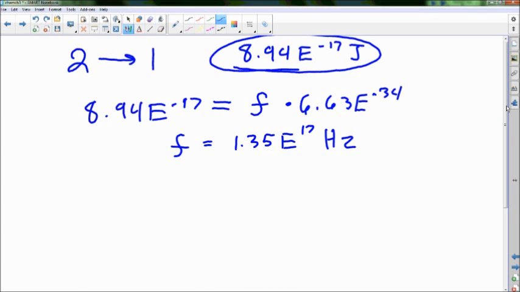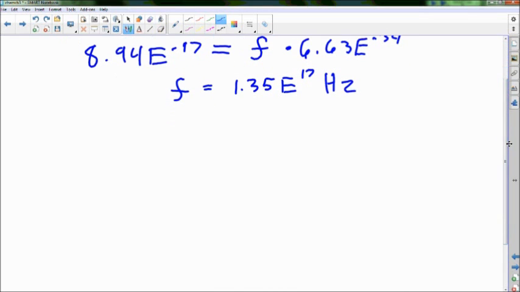Now, what we want to do is relate this to an actual wave. So we can then take our other light equation, where the speed of light is equal to the wavelength times the frequency, and we can put this number in for frequency. Of course, the speed of light is always the same, and what we can do is calculate the wavelength.